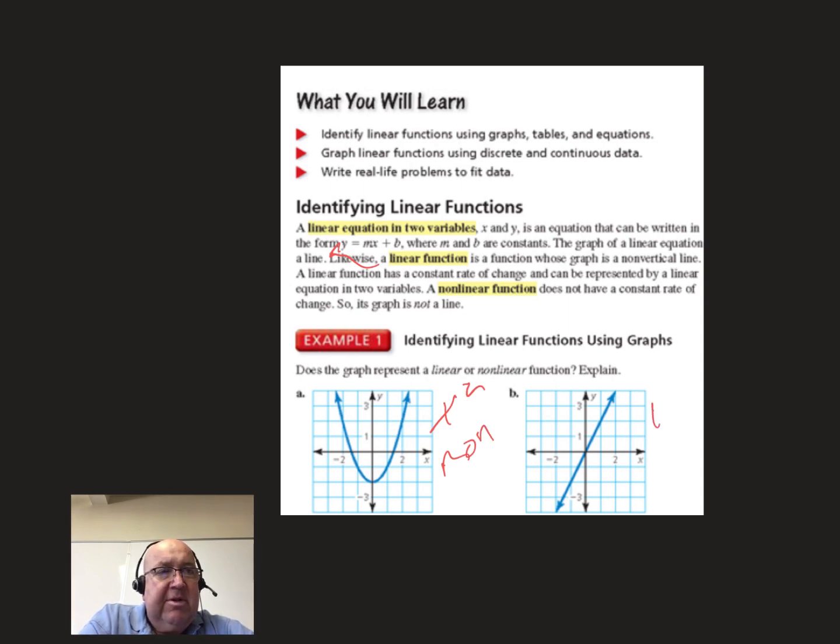Example B, of course, is a line, so it is linear. By the way, notice that the definition says a non-vertical line, and we'll talk about why that's important later on in this chapter. So, just look for a line on a graph.